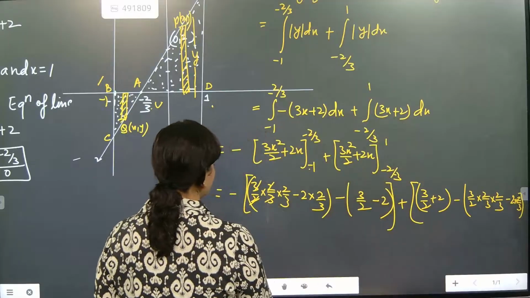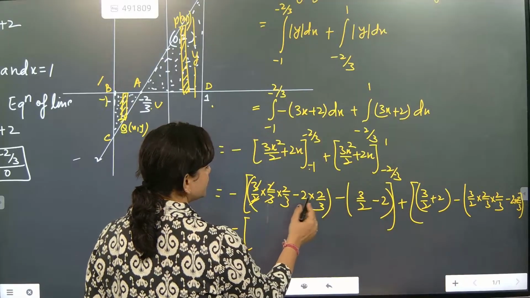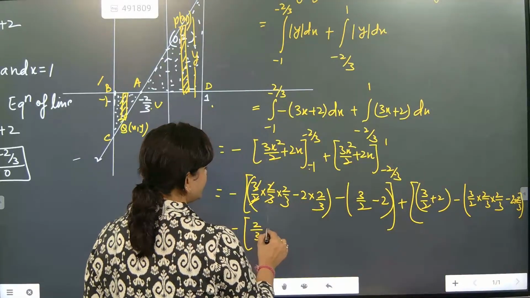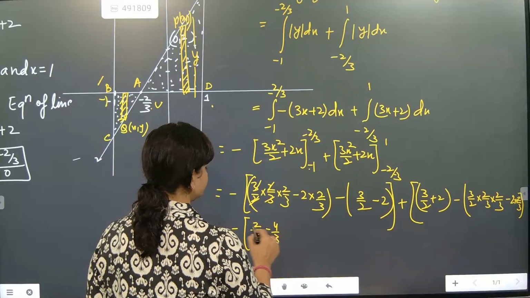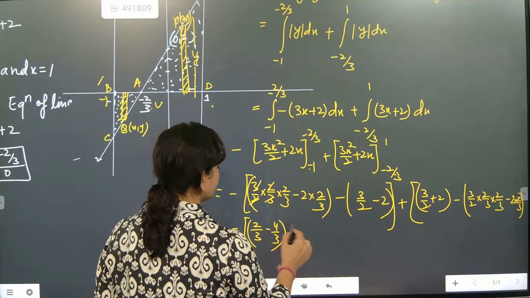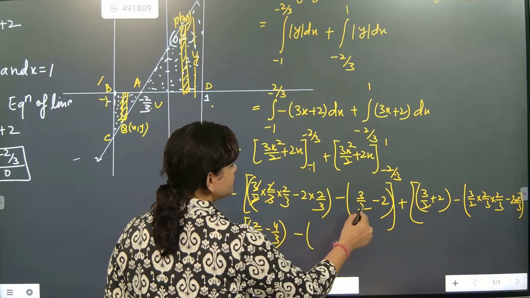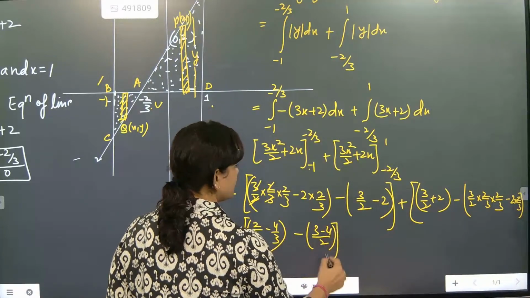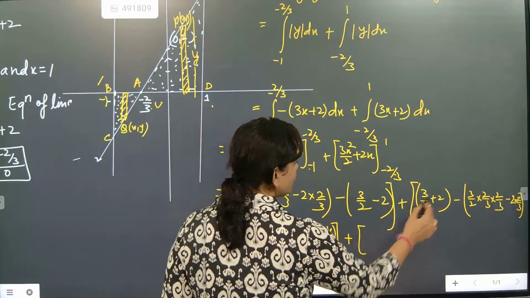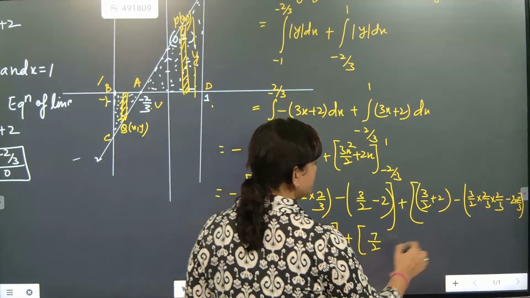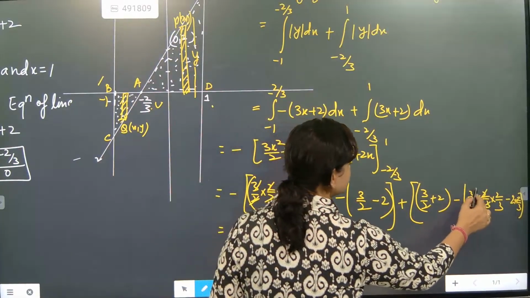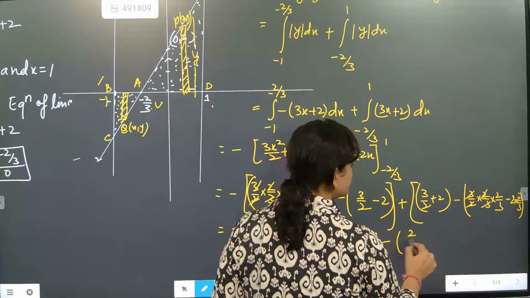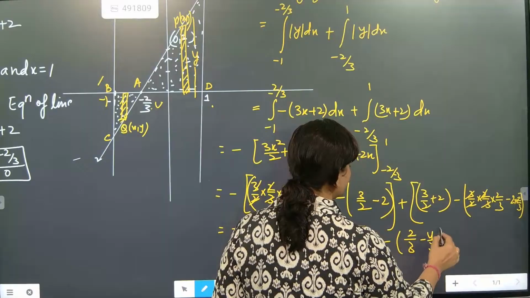So now here the minus part is coming as 4 by 3. 2 by 3 minus 4 by 3. Okay. Then minus, and it is coming as 3 minus 4 by 2 plus here 4 plus 3, 7 by 2 minus, this cancels. It is coming as 2 by 3 minus 4 by 2.